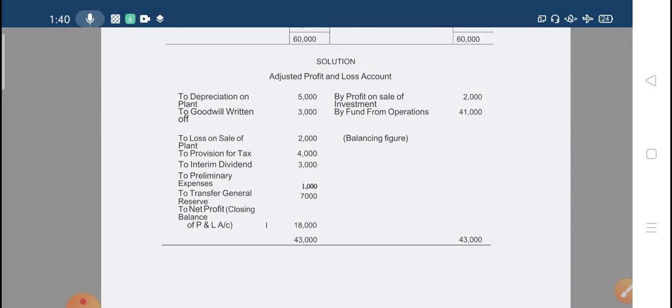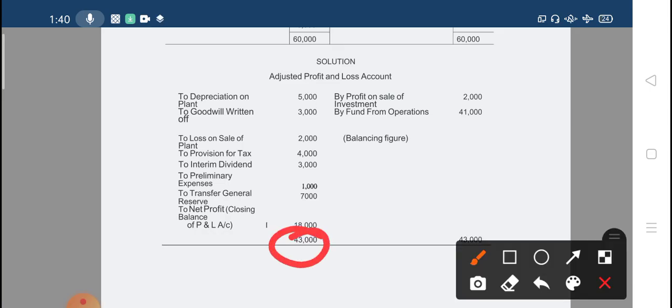So here, at a glance only we can see that we get the maximum amount at the debit side. The total of the debit side is 43,000, and the same will be written at this side also, and the balance will be identified, that is 41,000.